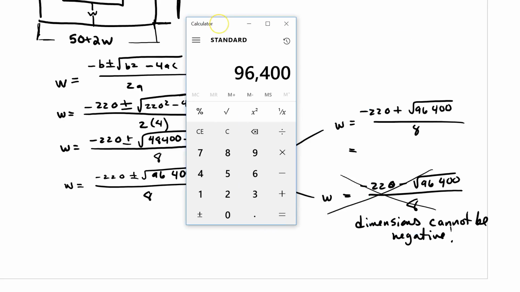So I want to find the square root of that. 310.48, I'm just going to hold all the values in my calculator. I don't have to simplify anything or round anything yet. So this is positive, and then I'm going to subtract 220, and then divide that by 8.